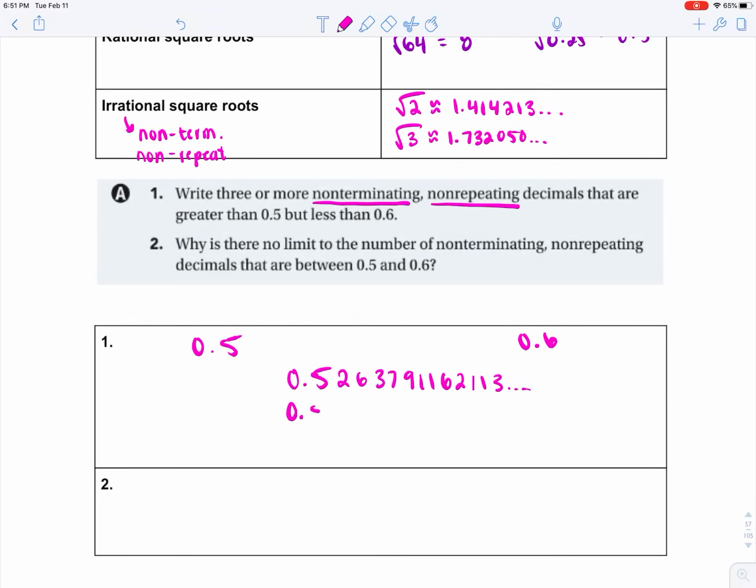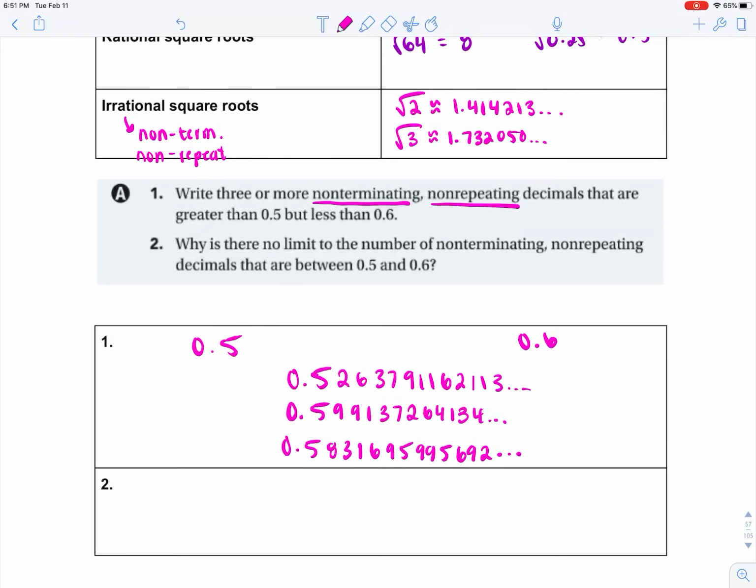Another example off the top of my head, 0.5991327264134, and that continues on forever because it needs to be non-terminating. All right, last one, 0.5831695995692, and again, it continues on.